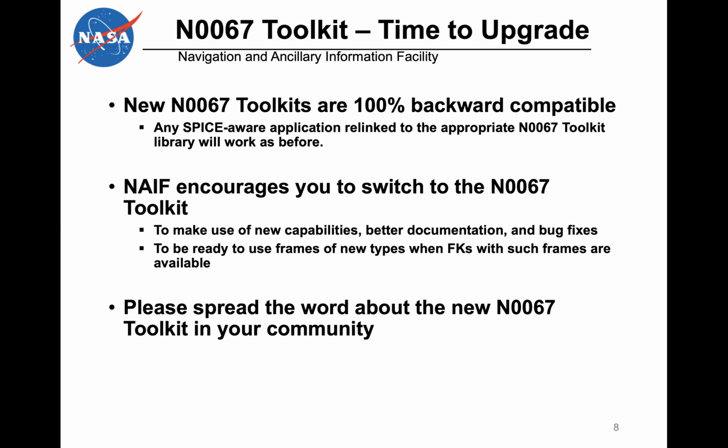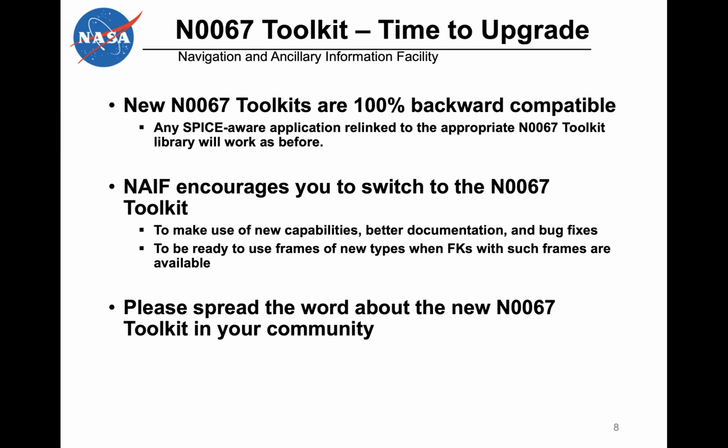But basically, we encourage you to switch to N67 in order to make use of the new capabilities, to enjoy better documentation and bug fixes, and of course, to be able to use the new frame types when such frames are available, or if you want to write such frames. So please spread the word about the new toolkit in your community.